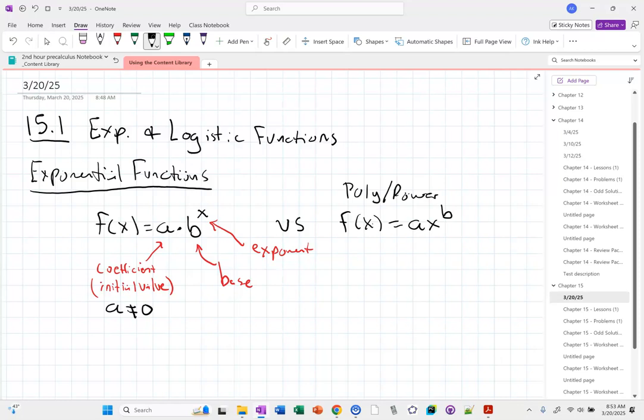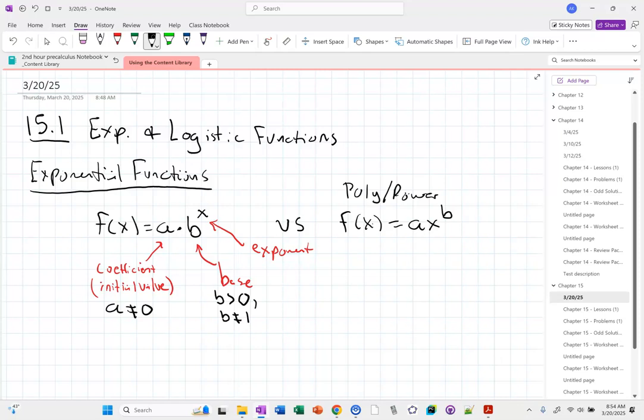And then our base b has got to be a positive number and can't be 1. If b were 1, it'd just be 1 to the x, and 1 to any power is just 1 still, and then that just becomes a times 1. That's a constant function. We don't want to include that.